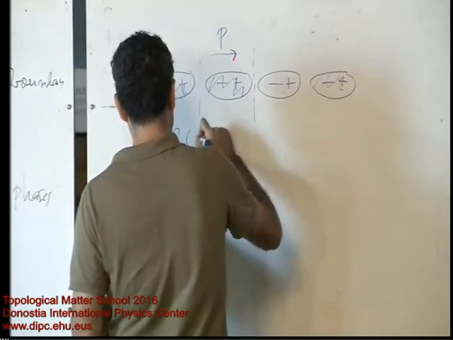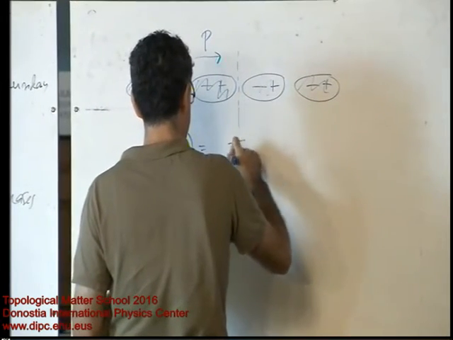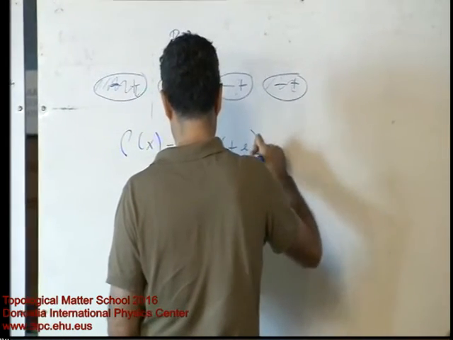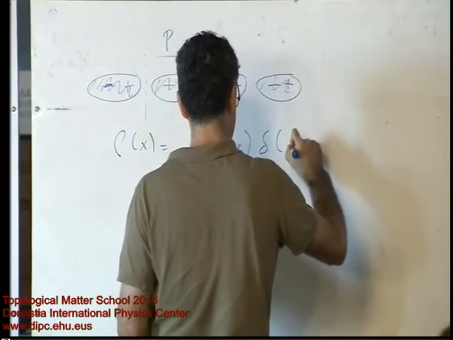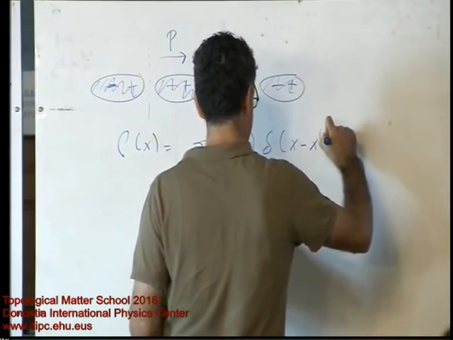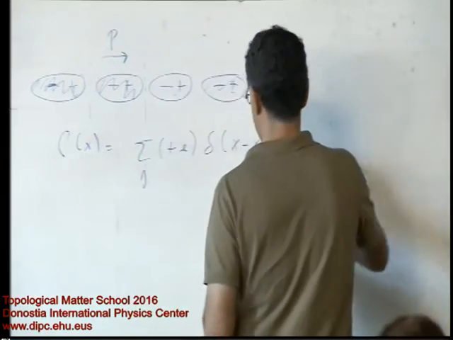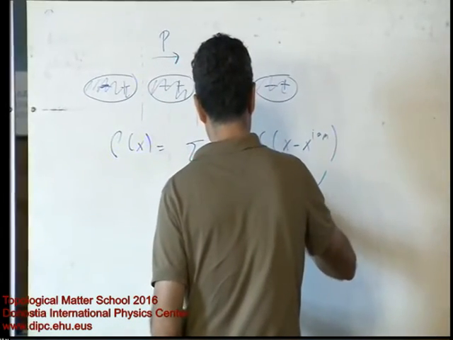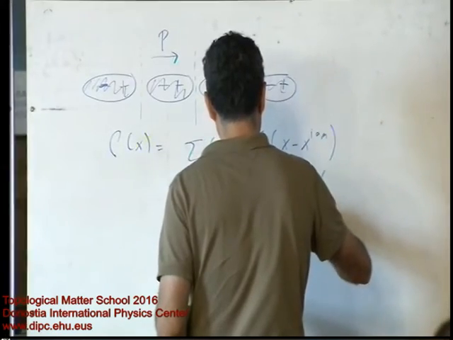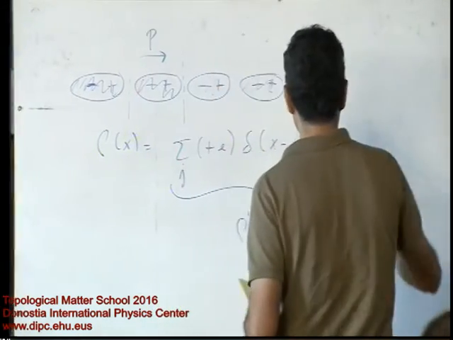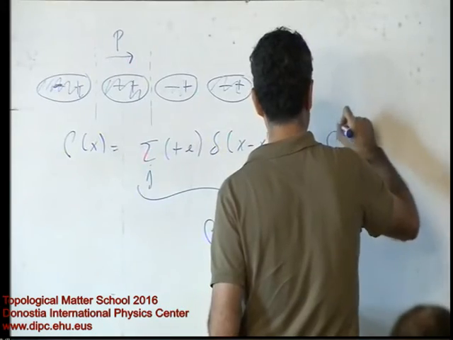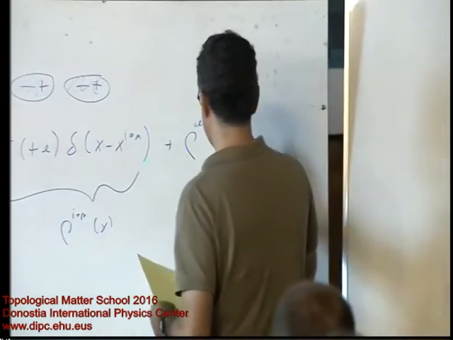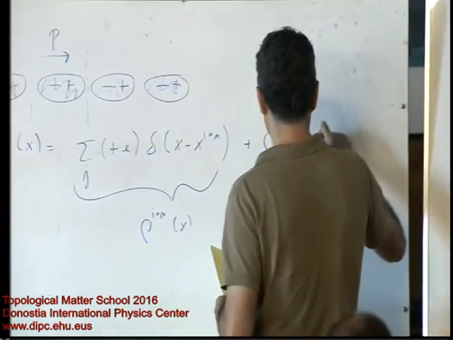as I said, the charge distribution is a sum of point charges due to the ions, this is our rho ion that is over there. And then there is an electronic part, which is not a sum of delta functions because electrons are smeared out, but it's some periodic function of x.